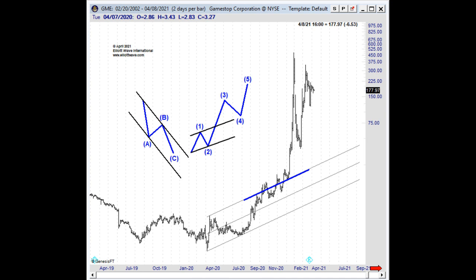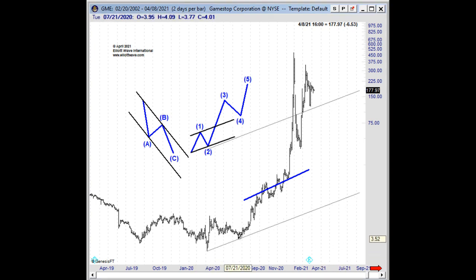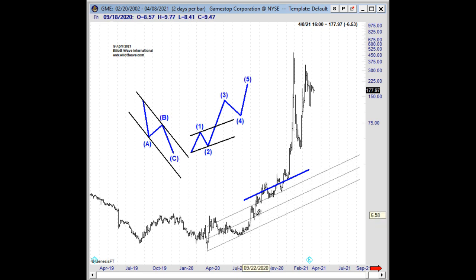What we're going to do with this price chart is simply start at that low we saw last year, and put on a set of parallel lines. This is what I call a base channel, a KCT base channel. The significance of this base channel is that as long as price action stays within this set of parallel lines, we need to view this advance as a counter trend price move.